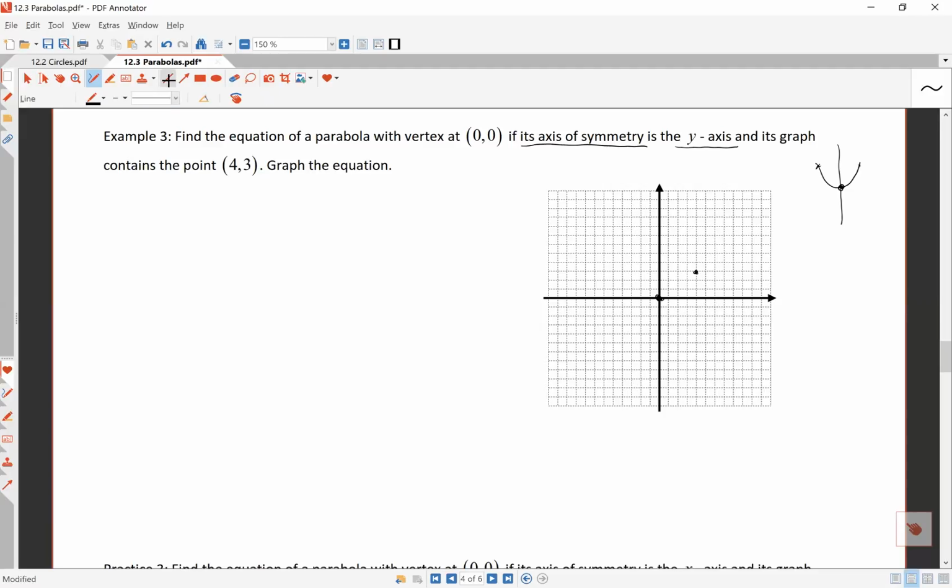and the axis of symmetry is this y-axis. So by symmetry, if we have 4, 3 on the graph, then we have negative 4, 3.